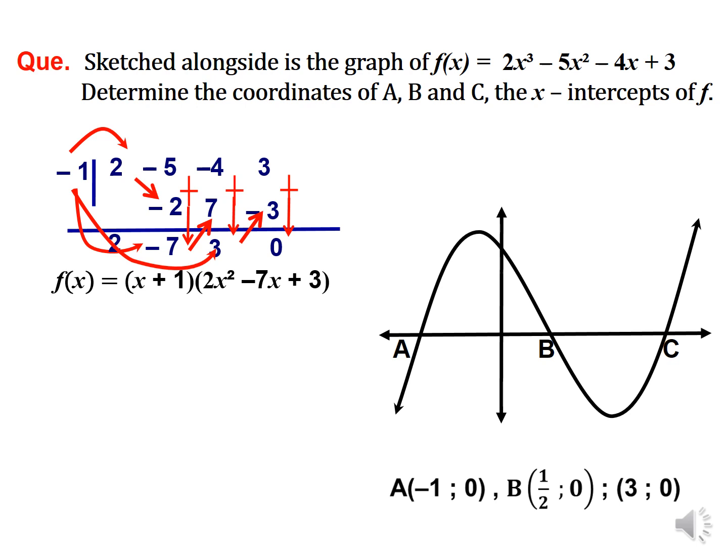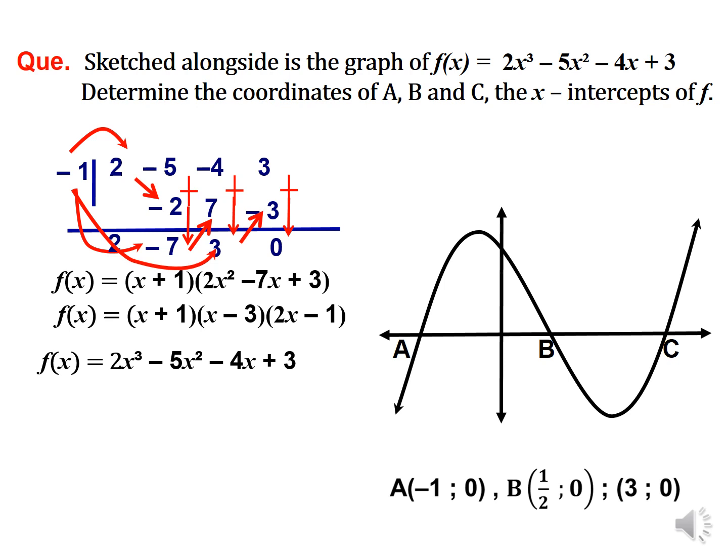The three numbers that I get here are the factors of the quadratic part of my factored form. Then that quadratic part must be factorized into two more brackets. Then I'm done with my factorization.